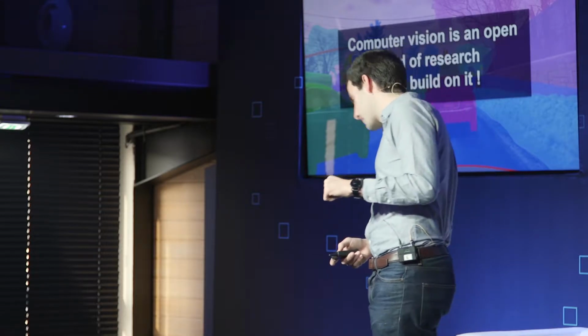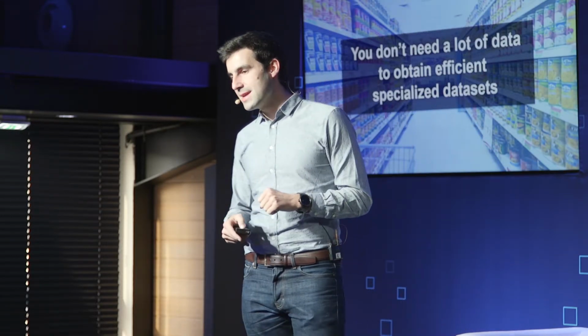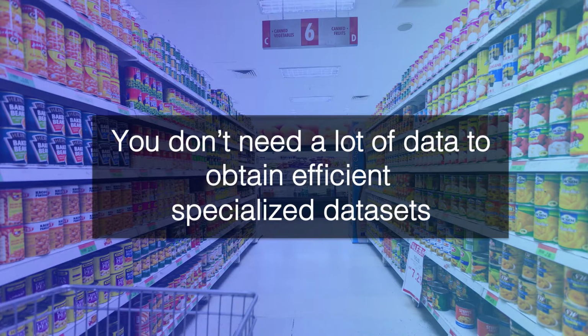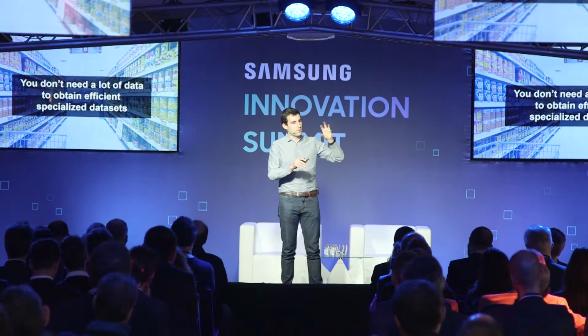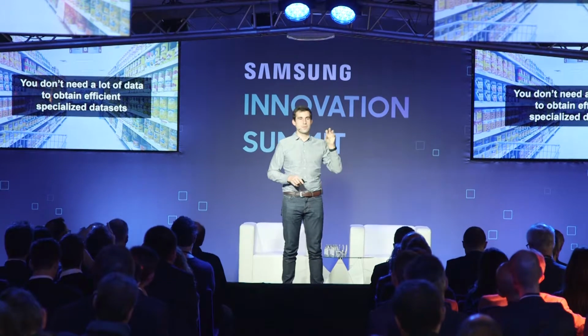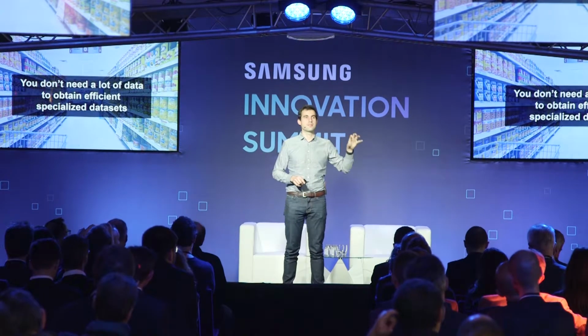The second feedback that we got is that if you work on your own data, I mean if you operate highways and if you work on the images coming from the cameras that are already set up at the toll, you don't really need a lot of data to get very good results for a specific task.